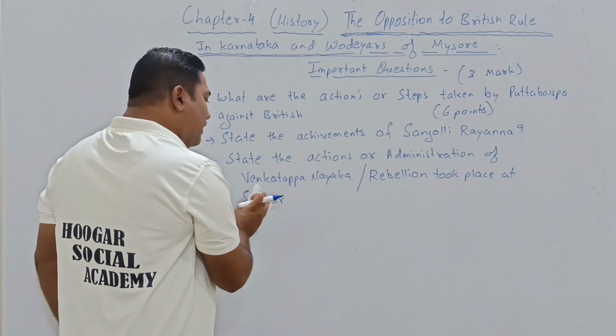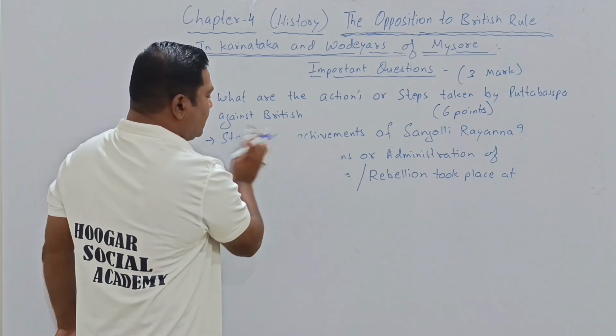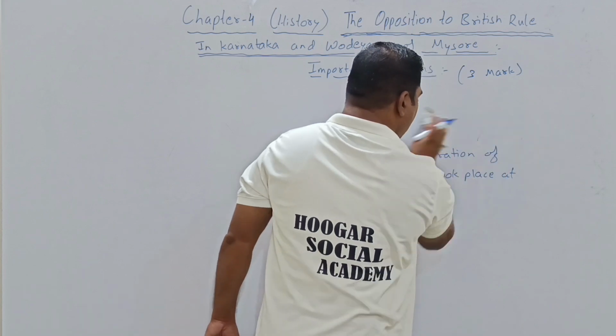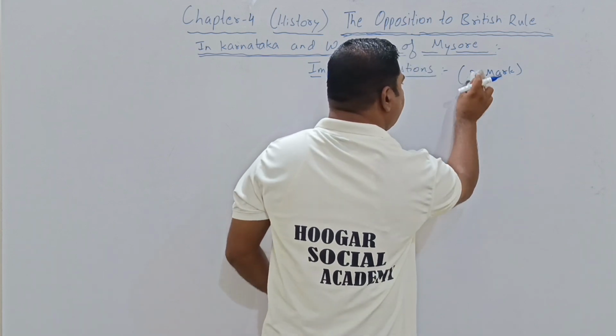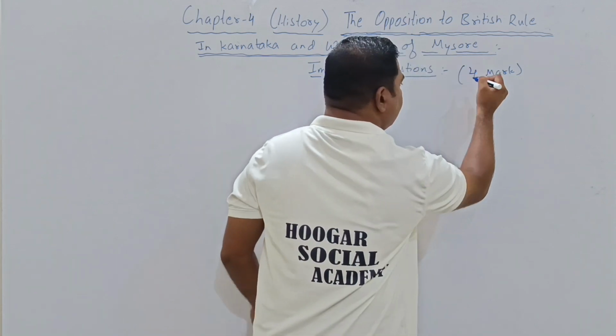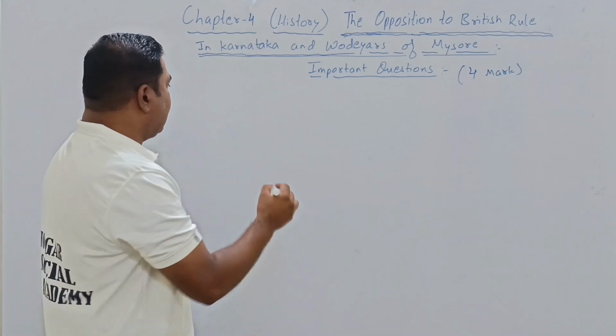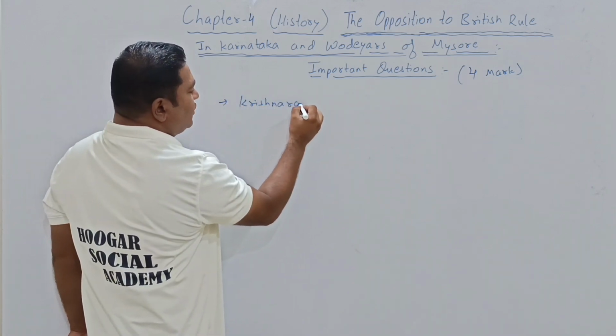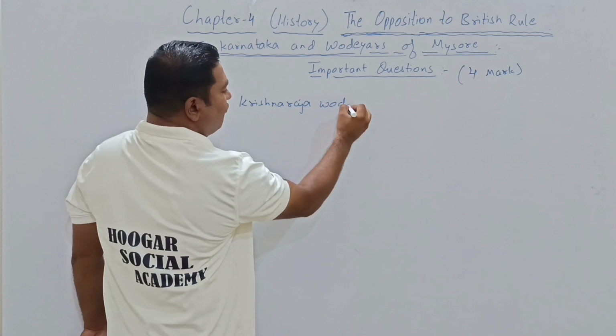And only one question can be asked for the 4 marks. The 4 marks question is about Krishna Raj Wodeyar IV.